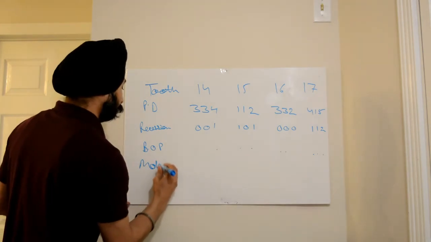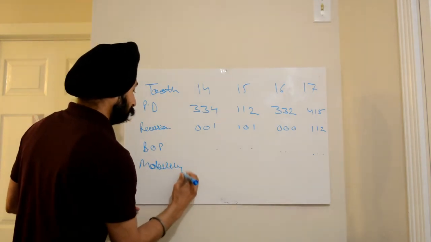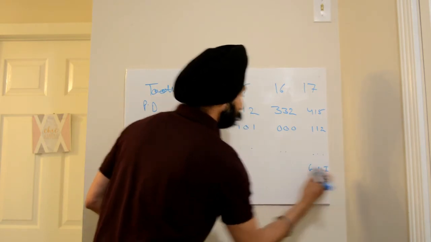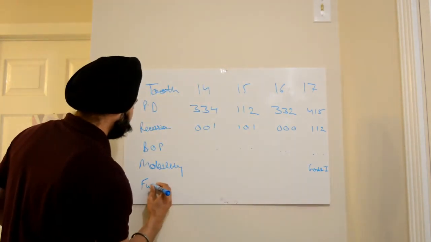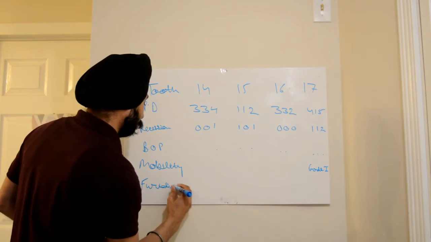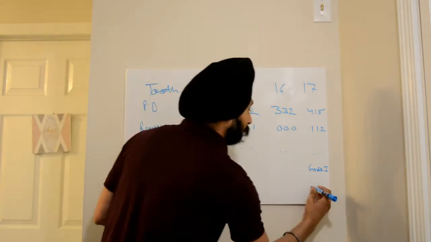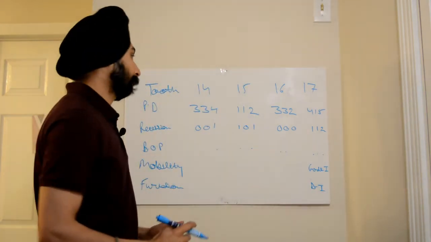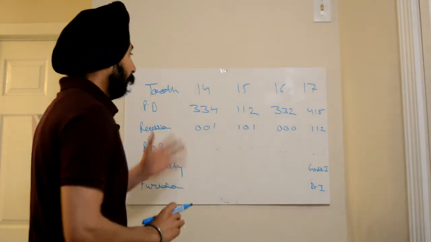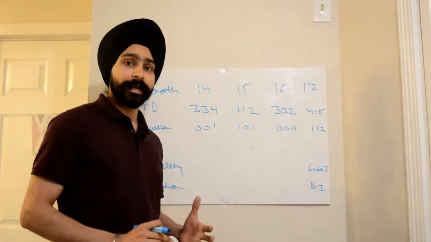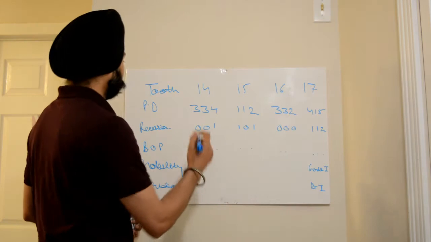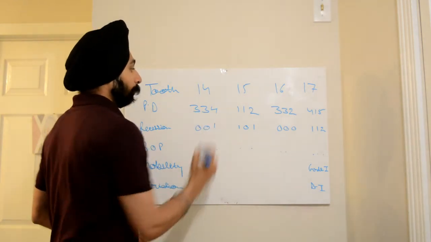Mobility, grade 1. Furcation, it is present on the buccal side of 1/7 and that is grade 1. Now let's find out at how many sites clinical attachment loss is present. 3, 3, 4.